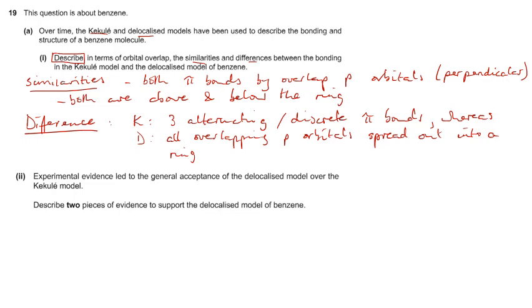And A part 2 is about the experimental evidence that leads us to work with the delocalized model rather than Kekulé. All right, and you're just asked for 2 pieces of evidence.